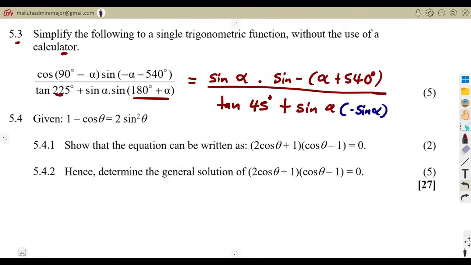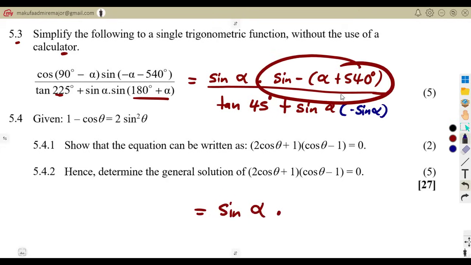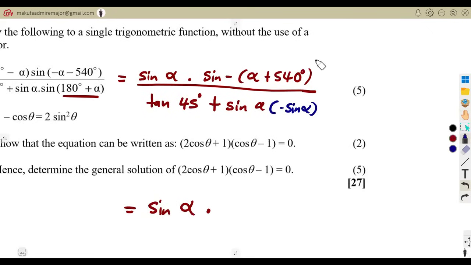Let's try to reduce this part, the sine minus there. So you're going to have the sine of alpha times the sine of a negative. Let's reduce this, guys. We understand that if sine is a negative like this, it simply means minus sine. Sine is a negative of what?